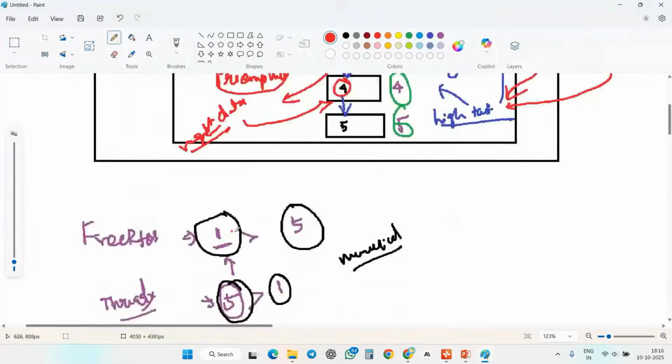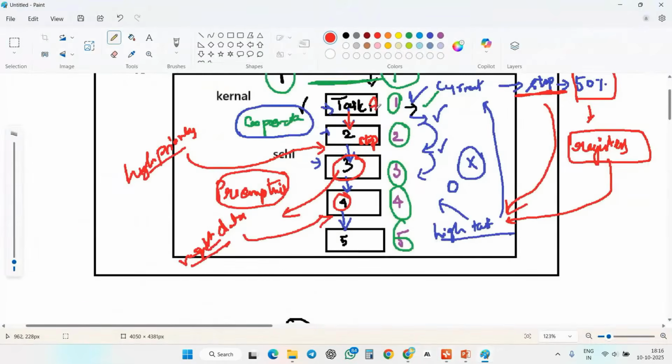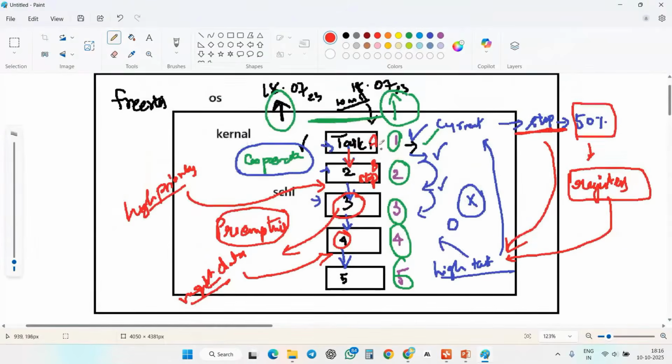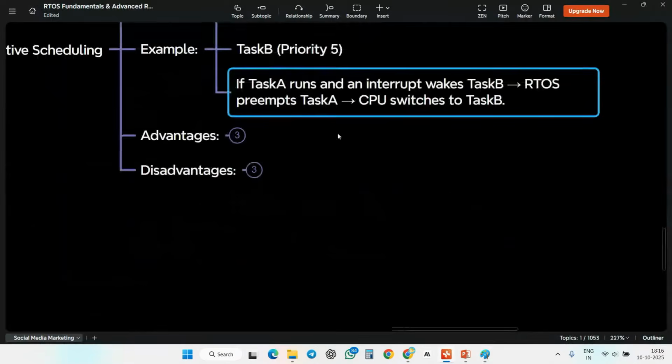So here I'm just taking the example of task A and task B. Task A is currently running. When task B interrupts task A, it stops task A and moves to task B. So this is what it is trying to do. Preempt means that, guys. It stops the current work and moves to the higher priority task.